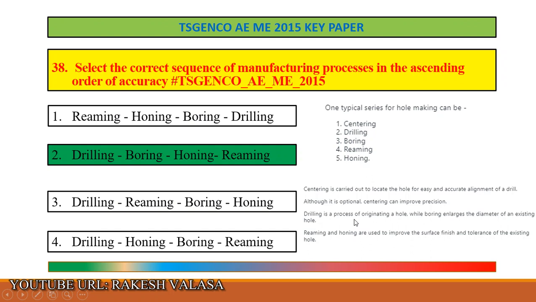Drilling is the process of originating a hole, while boring enlarges the diameter of an existing hole. Reaming and horning are used to improve the surface finish and tolerance of the existing hole. So the correct answer is drilling, boring, horning, reaming.